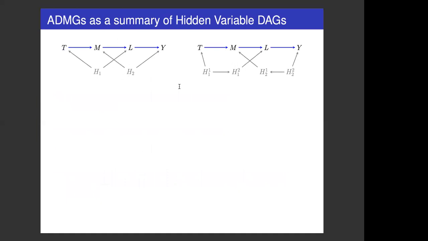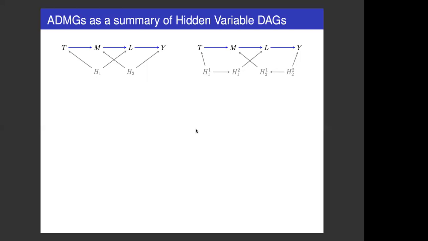It is worthwhile noting that these two hidden variable DAGs impose the same set of restrictions on the distribution of the observed part of the graph, like T, M, L, and Y. In fact, we can construct infinitely many such hidden variable DAGs that impose the same set of restrictions on the observed portion of the graph.